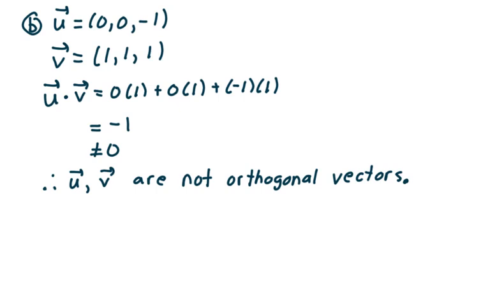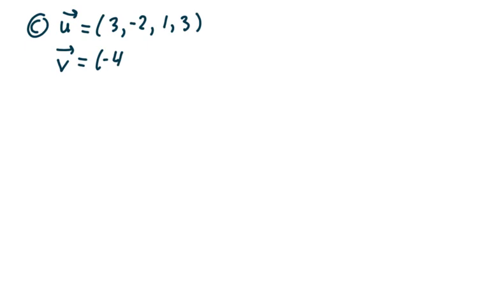Let's take a look at 1c. Suppose u is the vector 3, negative 2, 1, 3. And v is the vector negative 4, 1, negative 3, 7. So when I take the dot product of two vectors, I like stacking them, one on top of the other.